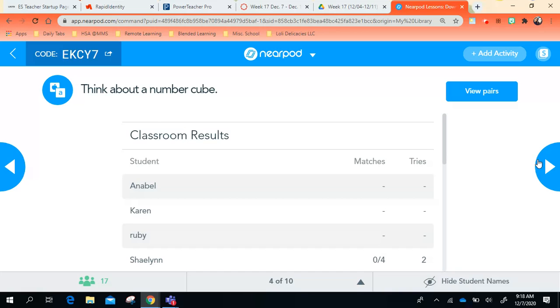What is the probability of rolling an even number? How many even numbers are on a number cube? This should be basic review for you.